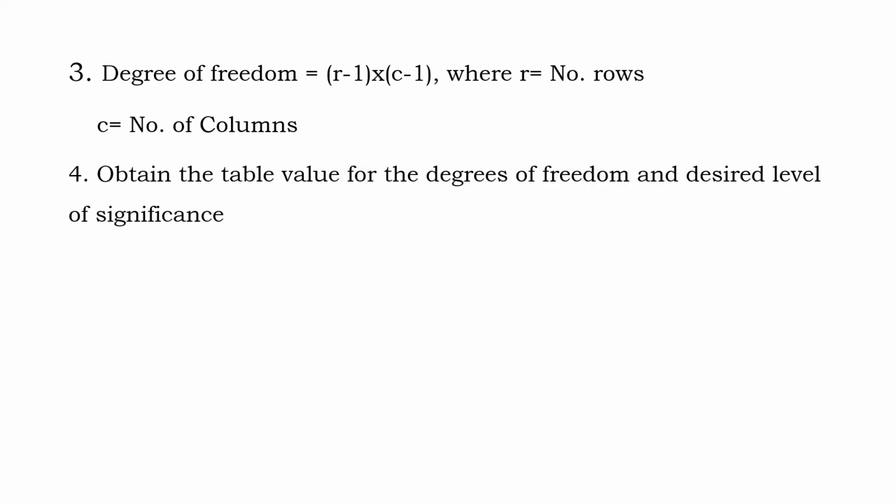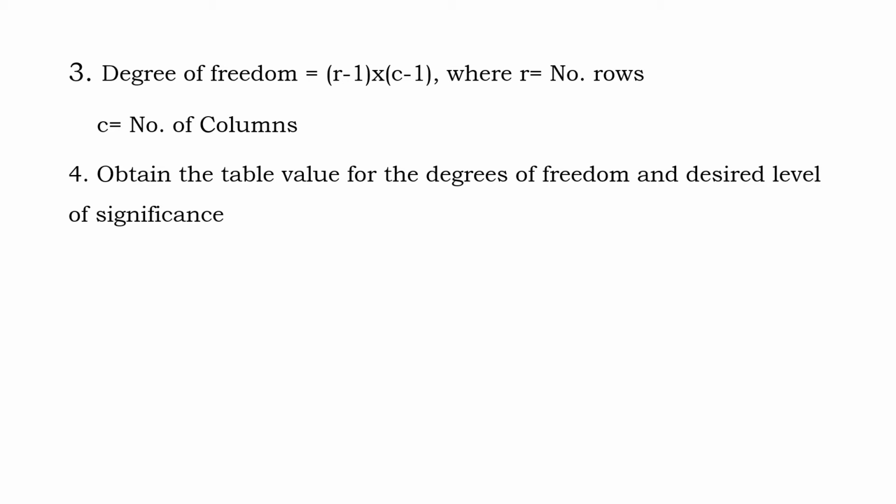So the next step was to obtain the table value for the degrees of freedom and decide the level of significance. The table value in the chi-square distribution at 5% level of significance, you can find from the table. Here, you have to note one thing. In this question, the question doesn't tell you anything about the level of significance.